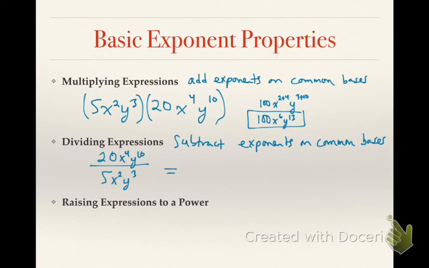Numbers divide the same way. 20 divided by 5 is 4. X to the 4th divided by x to the 2nd becomes x to the 4 minus 2, the top exponent minus the bottom exponent, and y 10 minus 3. So that simplifies into 4 x squared y to the 7th.